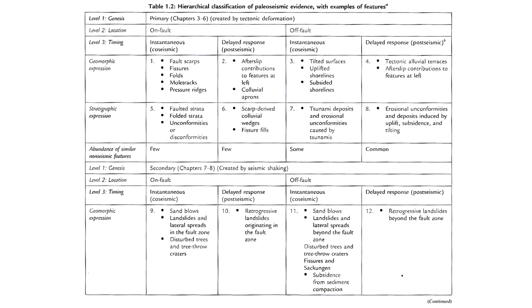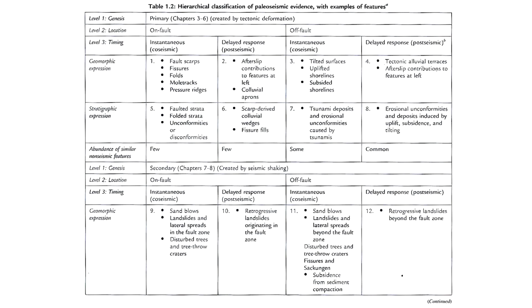Now, this is a hierarchical classification of paleoseismic evidence with examples of features. This table I will briefly go through, partly I have already discussed it, and you can refer to it when you get these slides.